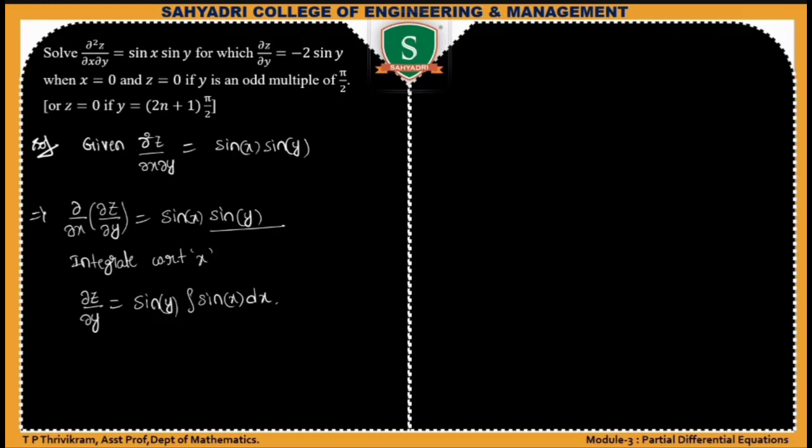So ∂z/∂y is equal to sin y into the integration of sin x, which is minus cos x, plus an integrating constant. Whether we are integrating with respect to x or y, if it is x, a function in terms of y we have to treat as constant.